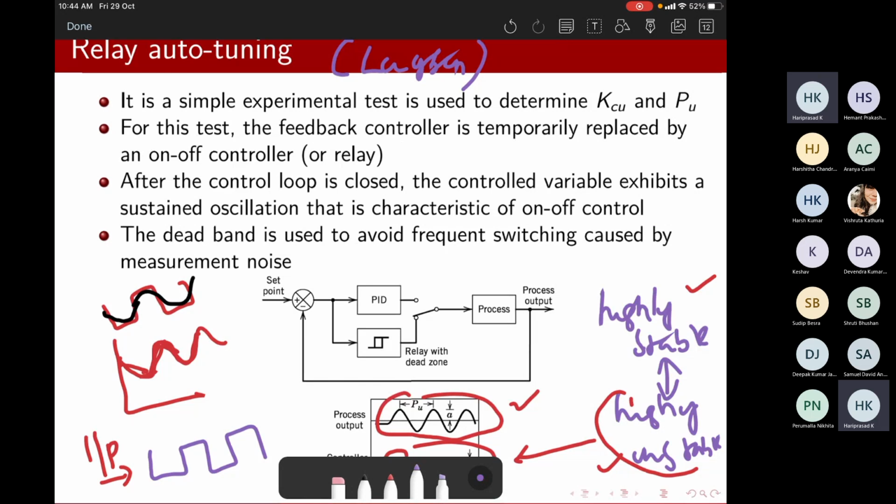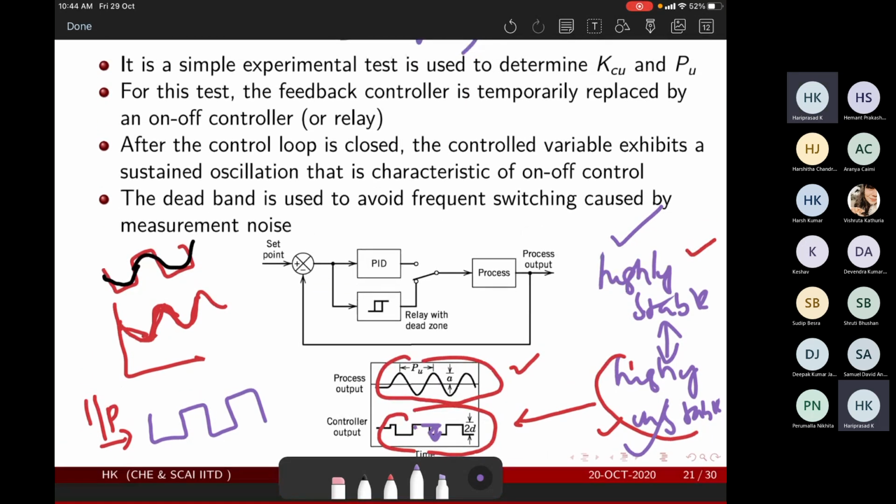The major impediment in employing this field experiment in the plant was this problem of highly stable and highly unstable systems, how to deal with it. But they found that, okay, the problem is still not over. If you really need an oscillation, we can do this.